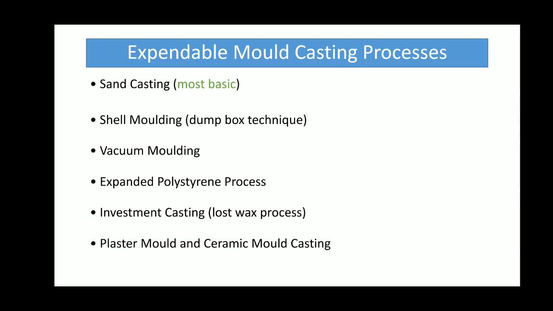Once the solidification process is over and we want our product, which has already solidified, to take out that product in the expandable mold process, we have to break the mold. The most basic type of expandable mold process is sand casting, which I believe most of you have already seen, maybe in villages or town areas.